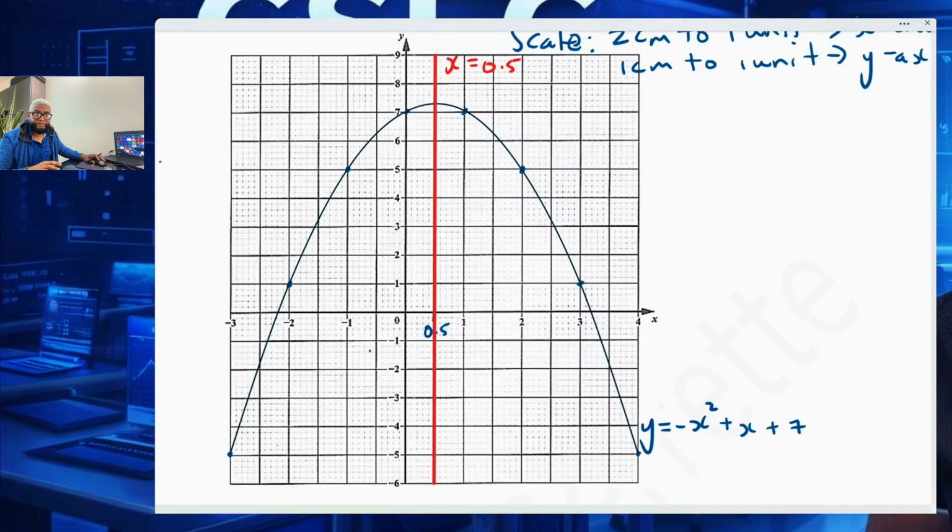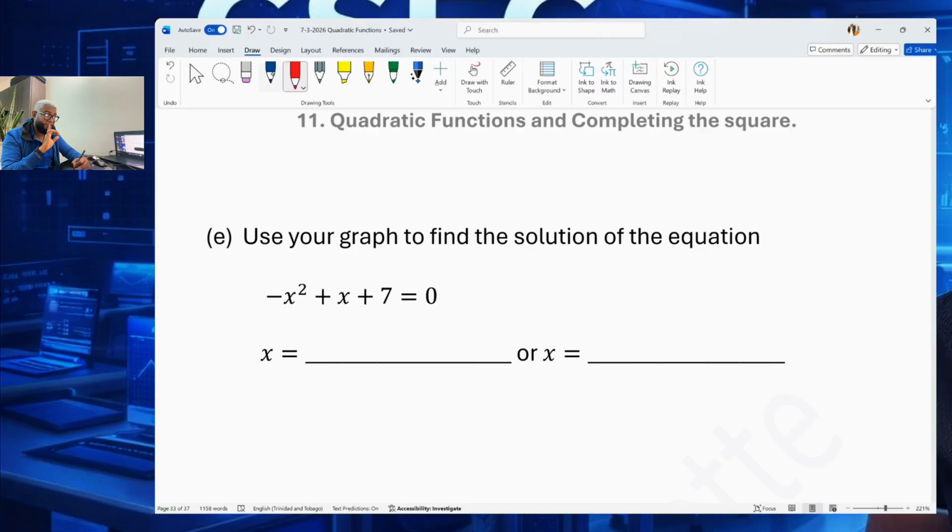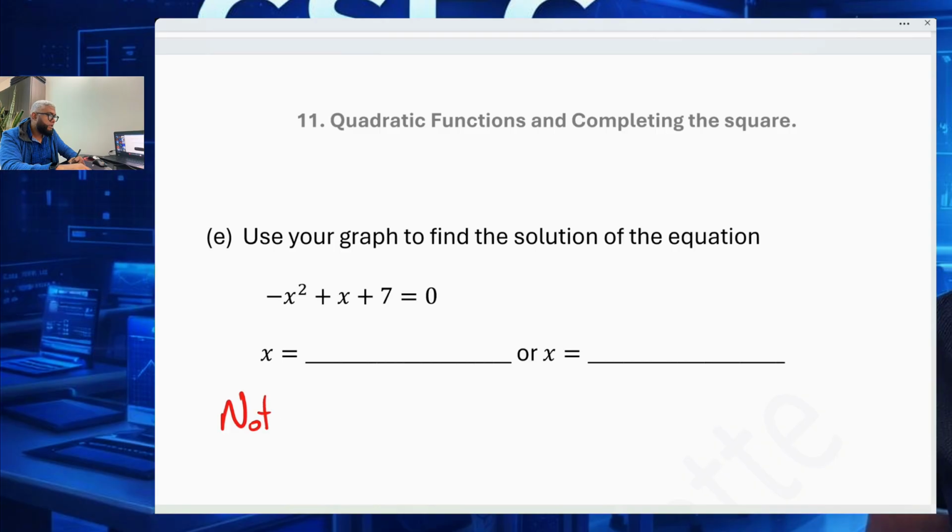How are we looking, Keegan? Now they said use your graph to find the solution of the equation -x squared plus x plus 7 is equal to 0, right? So there's something about your x-intercepts, or your roots. I want to put this as a note. So note, the x-intercepts.